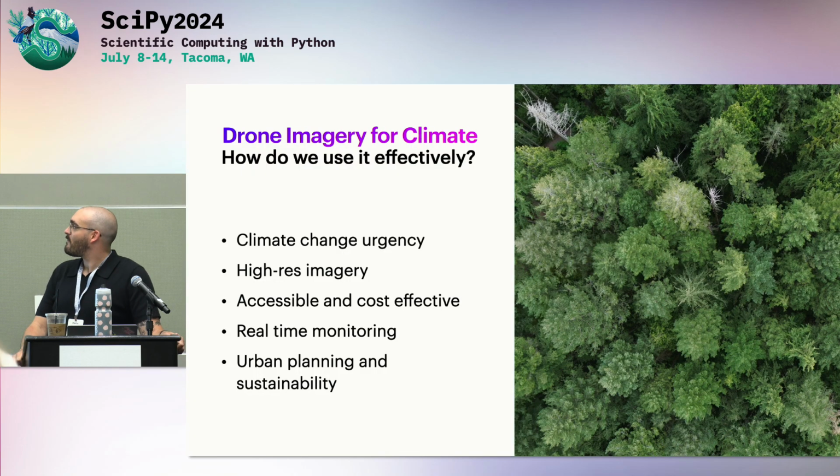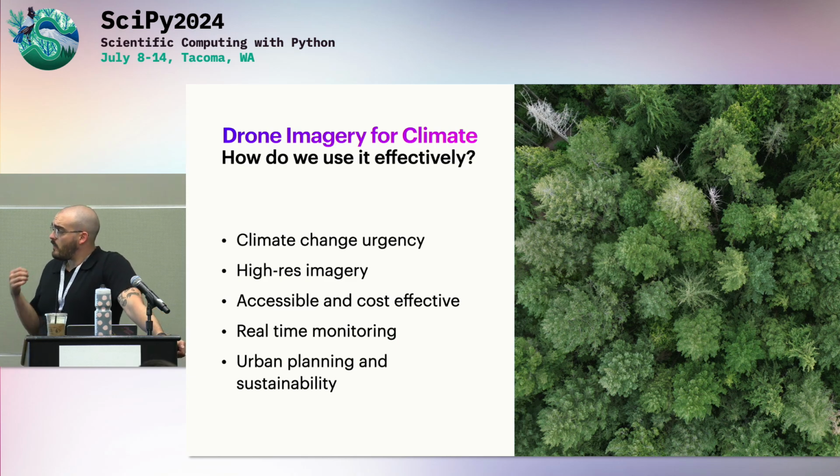With drones, we can look at high-res imagery, and we can do it at a cost-effective price. You can go on Facebook Marketplace and get one for a couple hundred dollars. You can do monitoring in real time. You can just hop outside and take an image. And you can use this for a lot of real scientific purposes, not just for pretty pictures of my backyard.